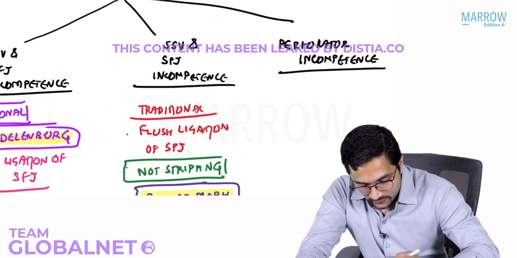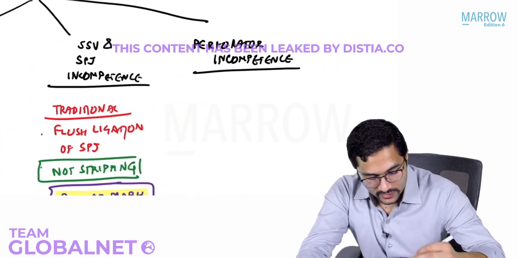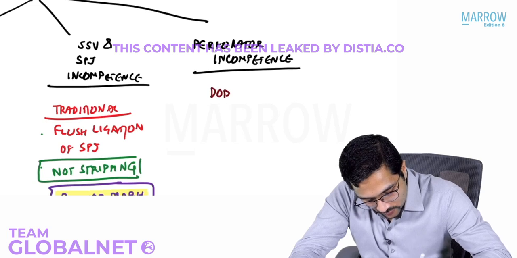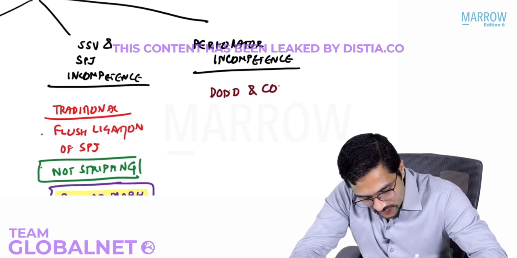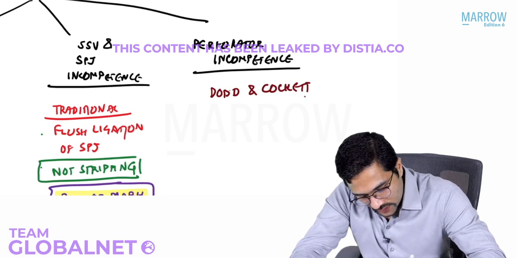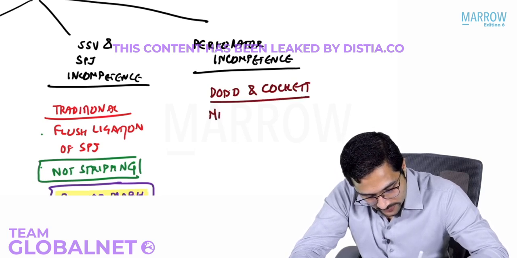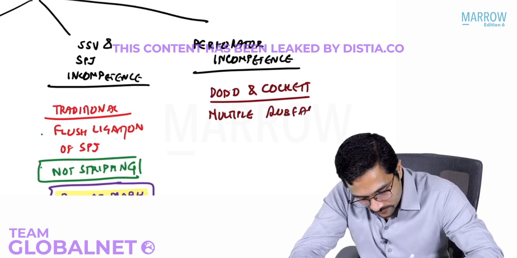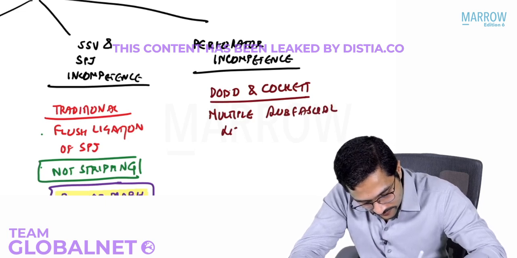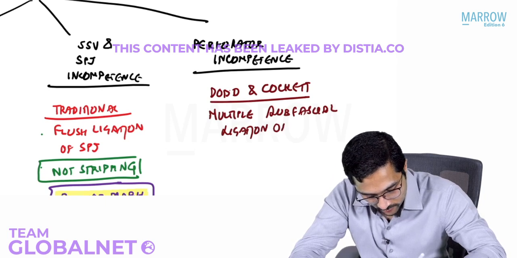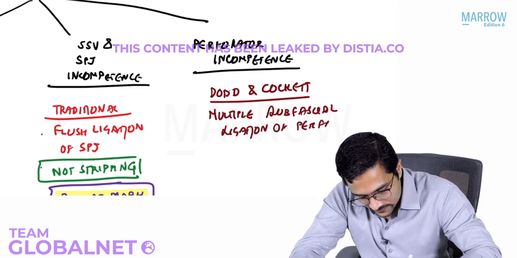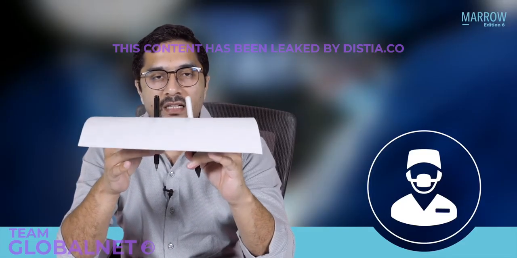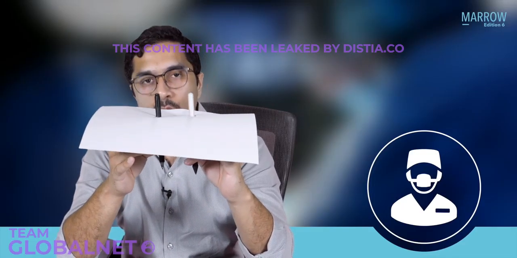Now moving on to perforator incompetence. So if there's perforator incompetence, the traditional surgery was Dodd and Cockett's procedure. This was known as multiple subfacial ligation of perforators. So these perforating veins are partly above the fascia and partly below the fascia.